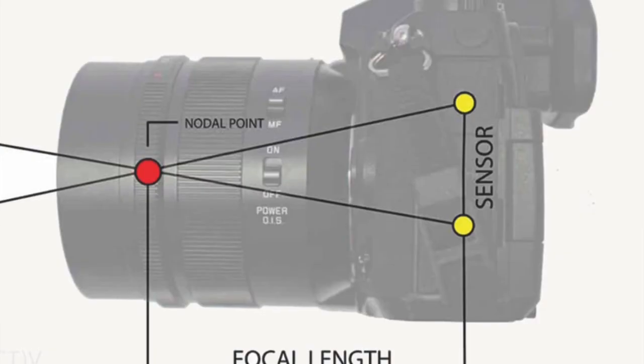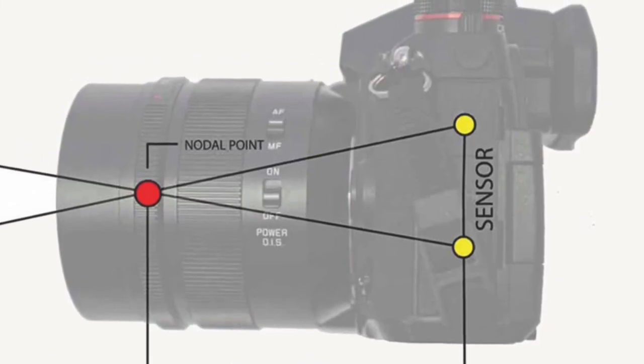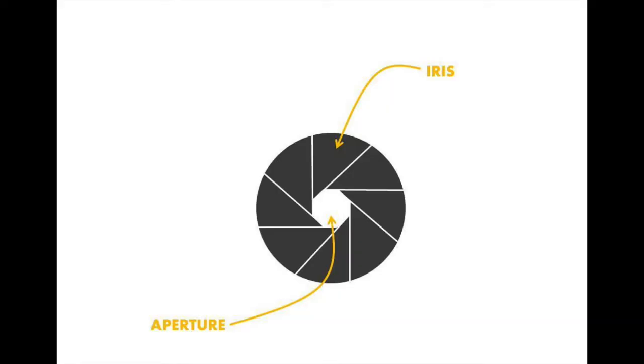The f-stop is the amount of light that goes through the lens to the back of the camera onto something called the sensor. Now, the aperture is literally a hole in the lens that you can control, make bigger or make smaller.